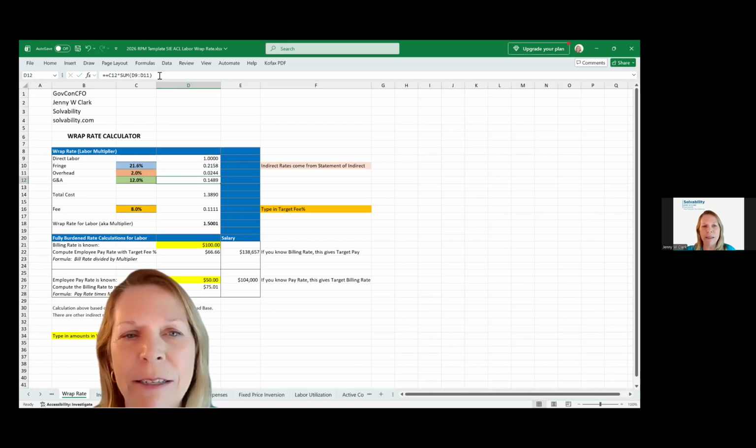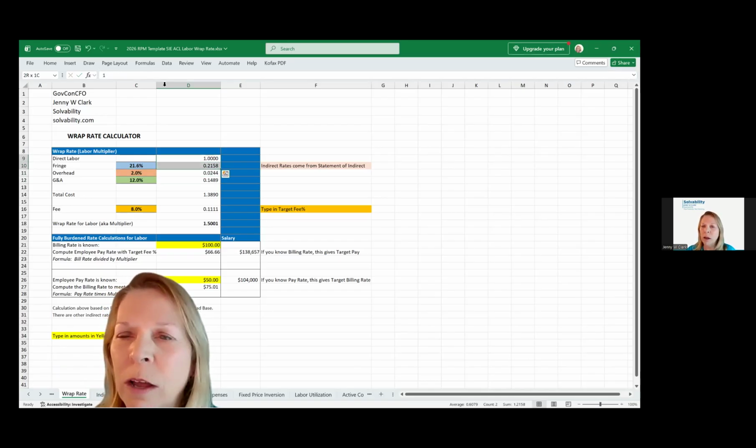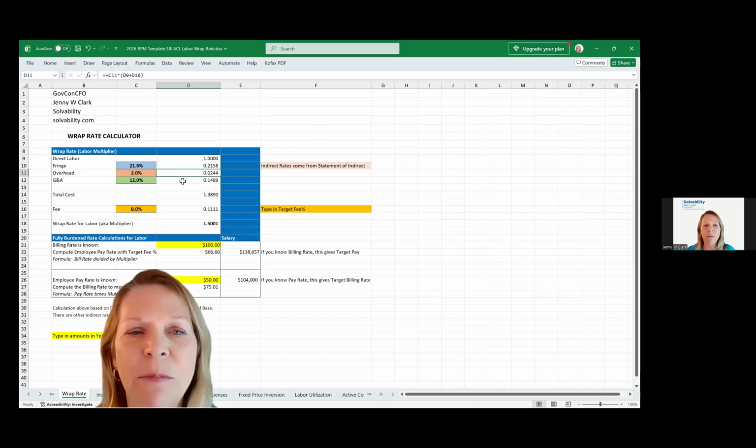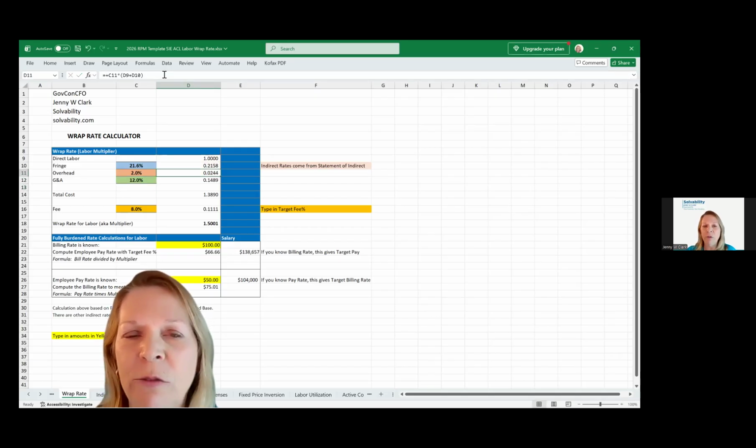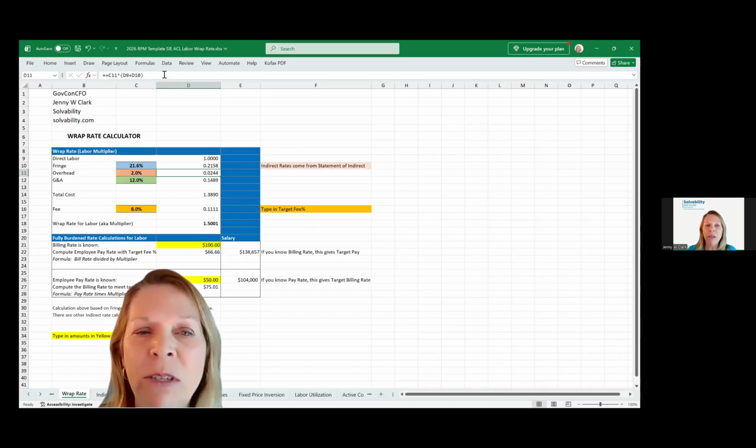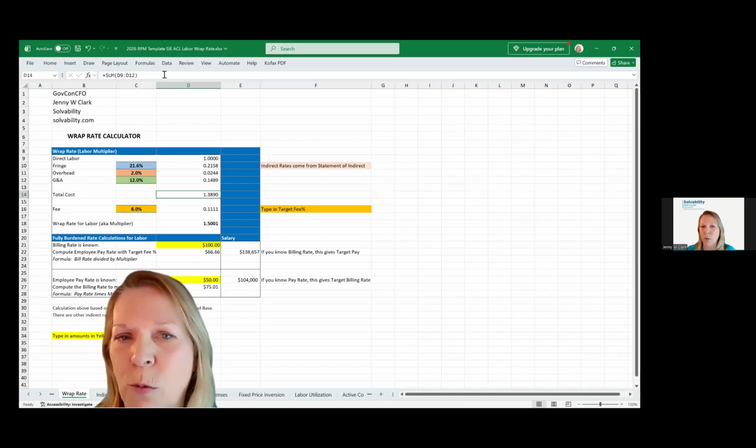So what that means is these two numbers added together come to 1.2158 times 2%. That's 0.0244. The next element, G&A, adds together all three of those numbers and multiplies it times 12%. So for every dollar of direct labor, I'm adding those extra, they call them burdens, on top, and I get total cost of 1.389 or 1.4.